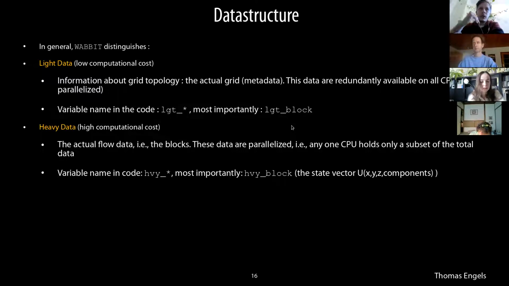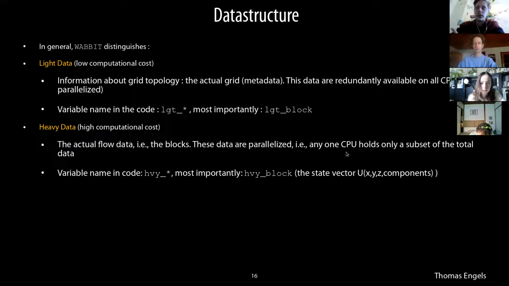Now, in contrast to the light data, you have the heavy data. And this is where we actually spend our CPU time, computing derivatives, time stepping, and so on. And this is the actual flow data. So the data on the blocks: velocity, pressure, divergence, all these kinds of data types. And those are, of course, parallelized.